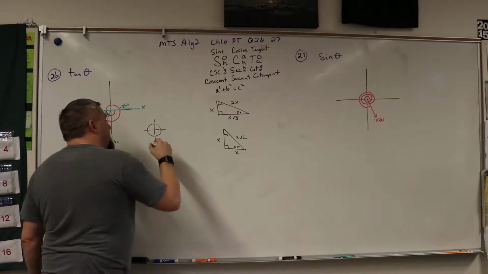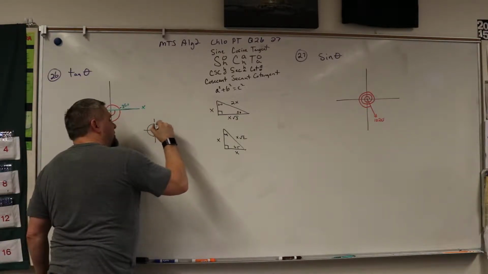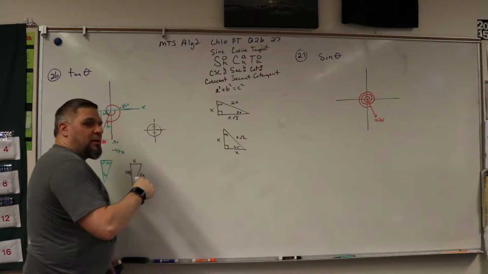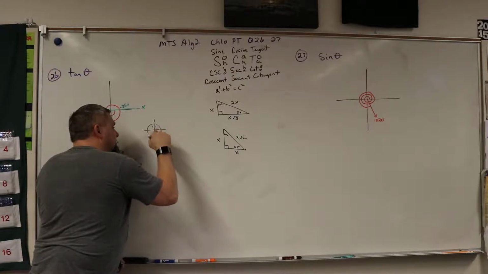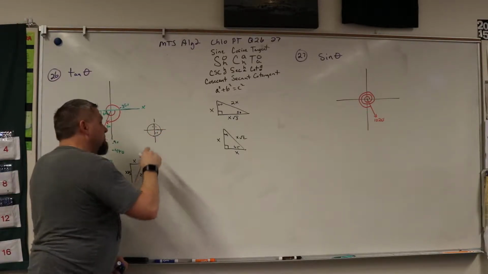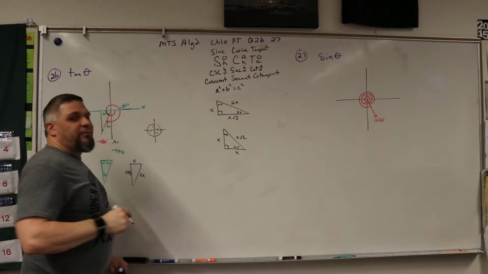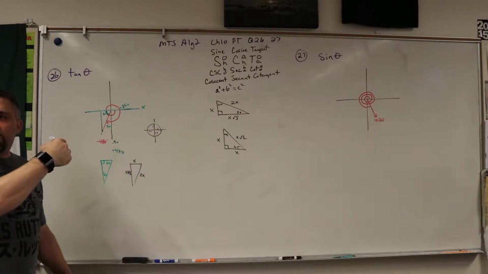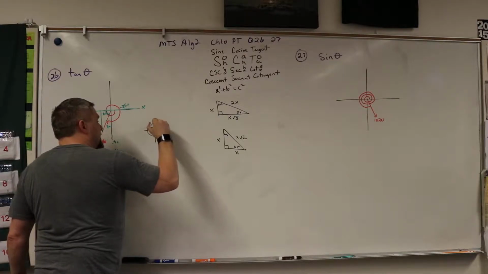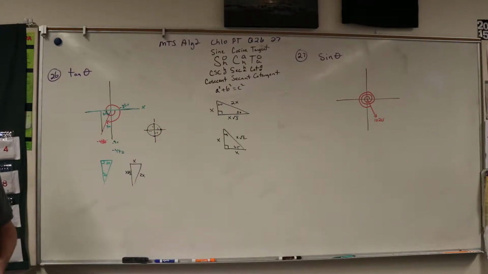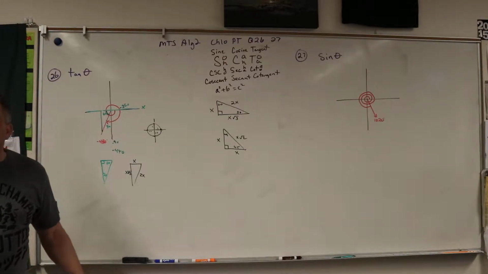So this is 1, this is negative 1, this is positive 1, and this is negative 1. And your hypotenuse will always be 1 also.